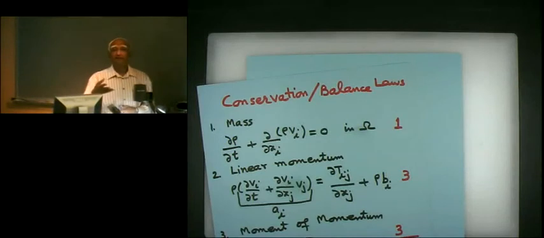However, we have students from mechanical, like Josh, and from civil. So why are you taking this course? Because you want to learn how to find the deformed shape of the body.